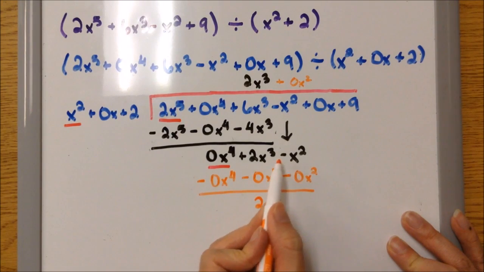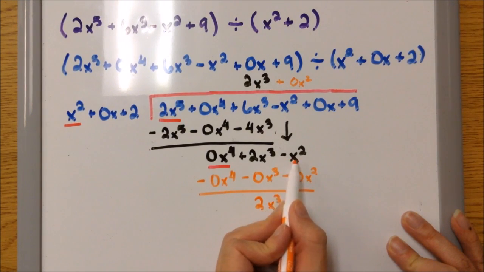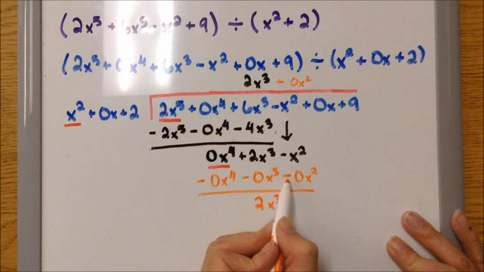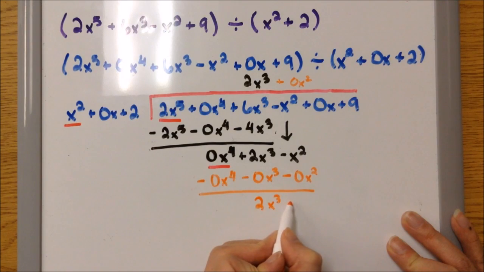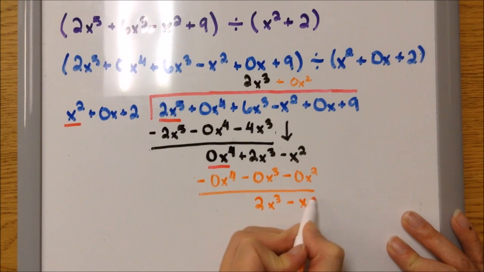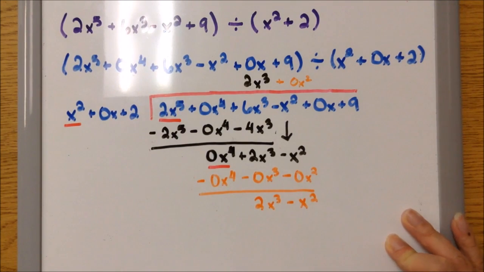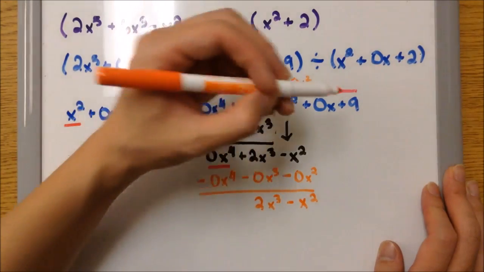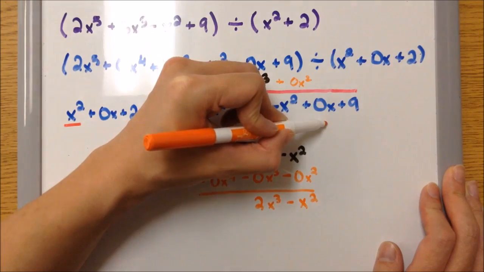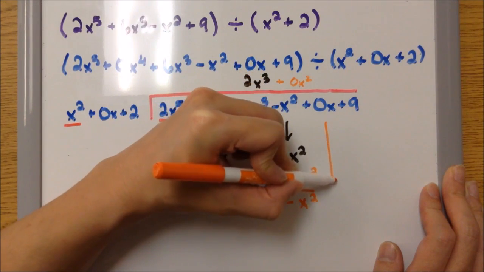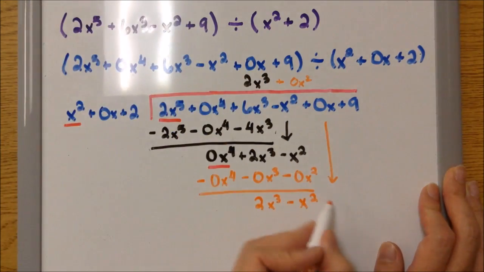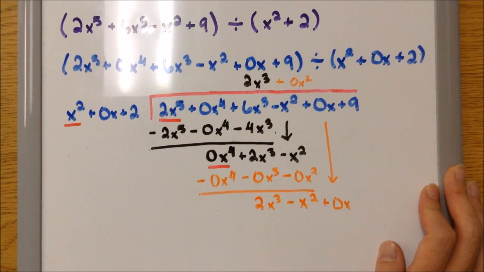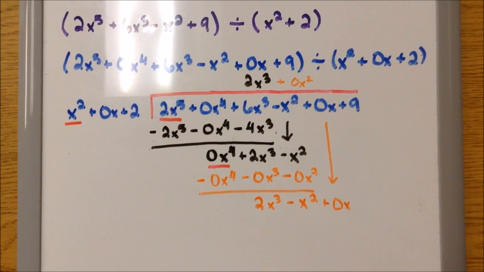And then here, negative 1x squared minus 0x squared is just negative x squared. And then I'm bringing down the next term, so plus 0x. Alright.